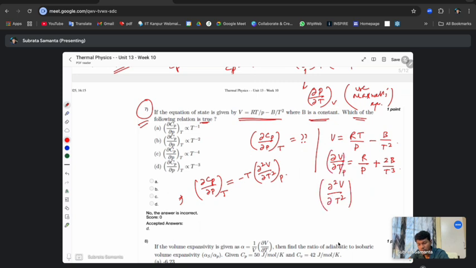So at constant pressure, this is basically 0 minus 6B over T to the power 4.